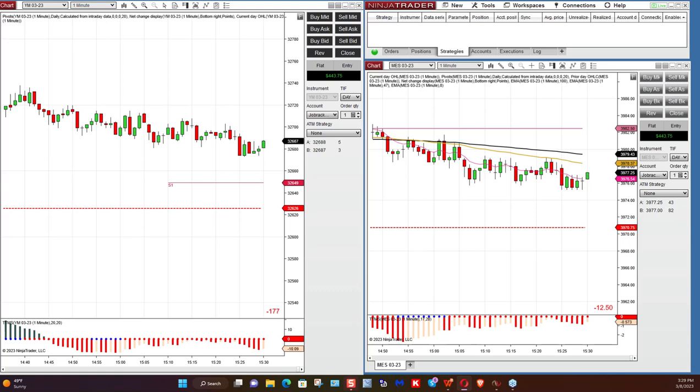So again, I look at each report as a separate entity, and I do not like to limit the way I'm going to trade based on whether I've lost too much money that day or not lost a lot of money that day, made a lot of money. I definitely don't like to limit myself if I've won a lot of money, especially if a good report is coming up.